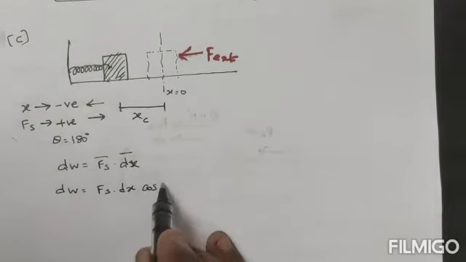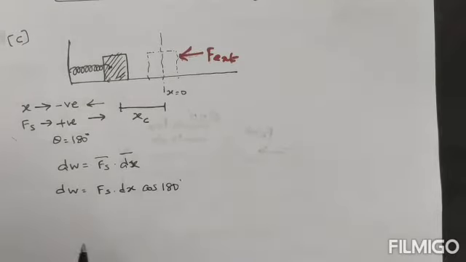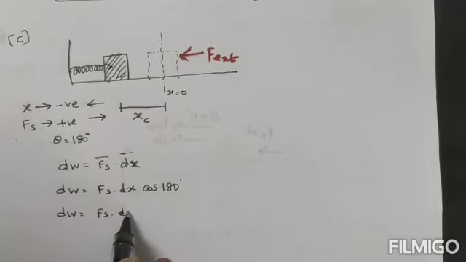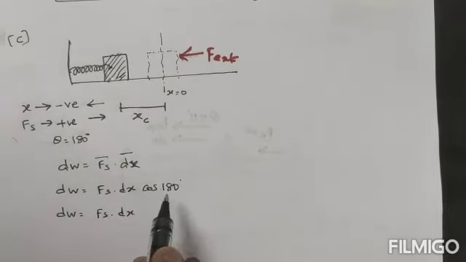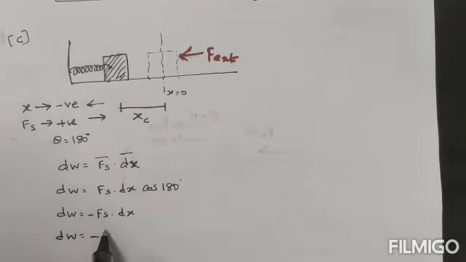The angle here is 180, so we get the minus sign. So dW is equal to minus Fs dx, where the spring force value is kx.